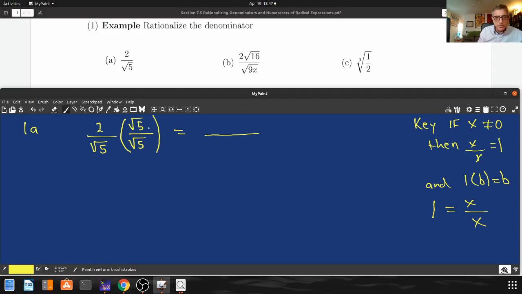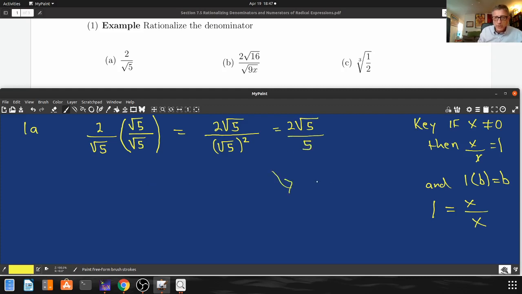So this is 2 times the square root of 5. And this is the square root of 5 times the square root of 5, which is the square root of 5 squared. And from our last lecture, we reviewed that that's actually equal to 5.